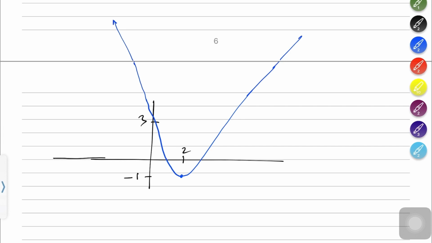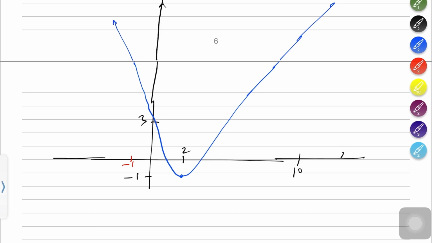So minus 1 will be somewhere here, and 10, let's say somewhere here. For finding the range we don't need an accurate graph, we need just an approximate graph. So I am not bothered about the exact positions of 2 and 10.